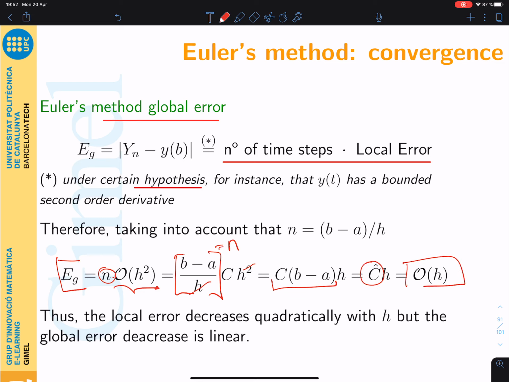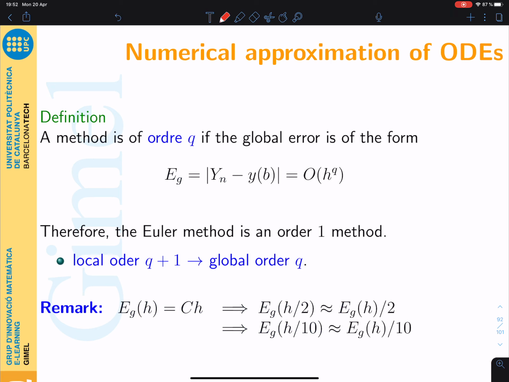So the result is that the global error, this is very important, has this order, and we will say that Euler's method is linear, because its global error is linear. Here you have a summary of what we did.